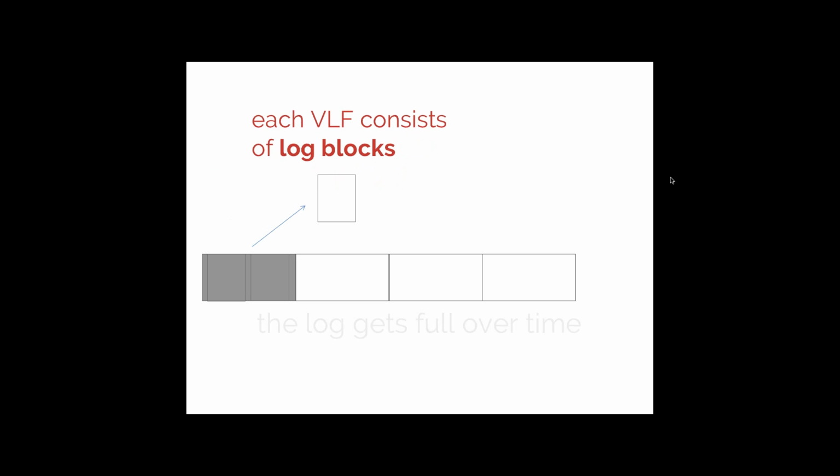These log blocks are a way to group the log records that are written into the SQL Server transaction log file. And those log blocks, or rather those log records, will contain those changes that the database engine has to make for user-initiated transactions or system-initiated transactions.